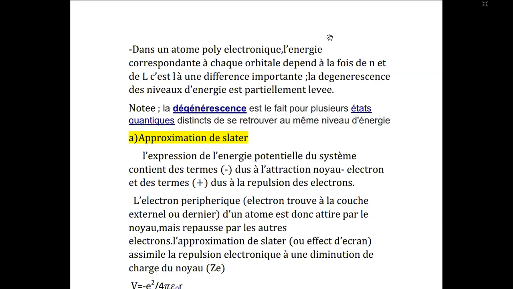So knowing that, there's a definition. La dégénérescence est l'effet pour plusieurs états quantiques distincts de se trouver au même niveau d'énergie. So we see that the dégénérescence is when many distinct quantum states are found at the same energy, which is the same thing I was explaining.